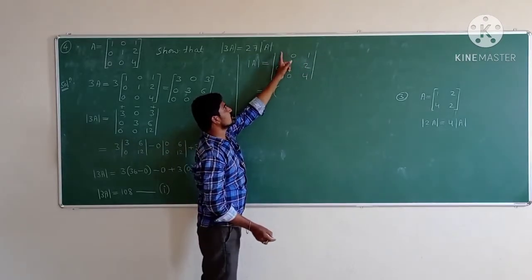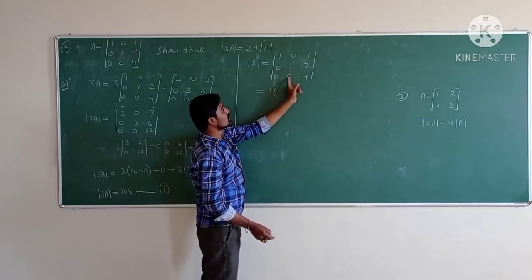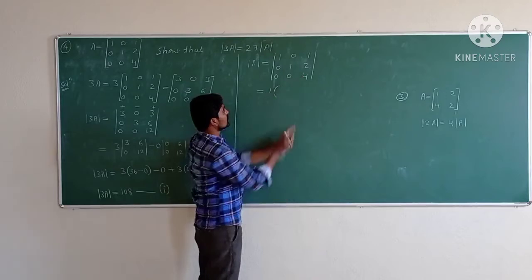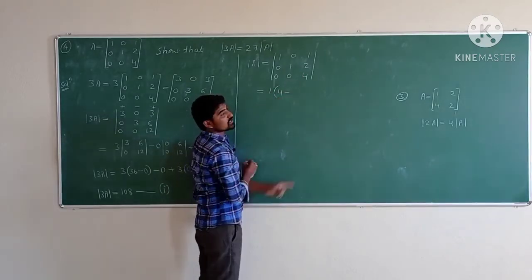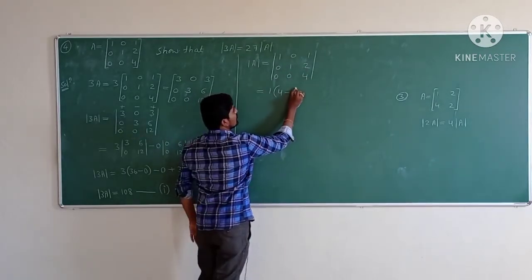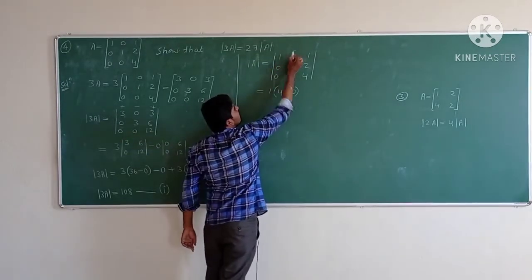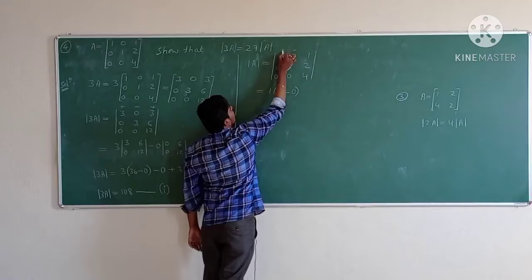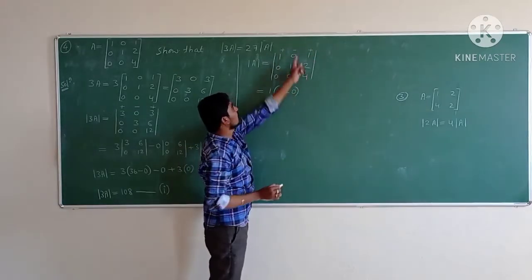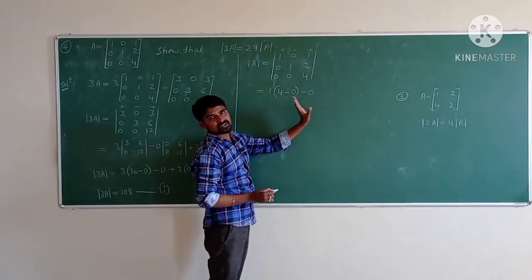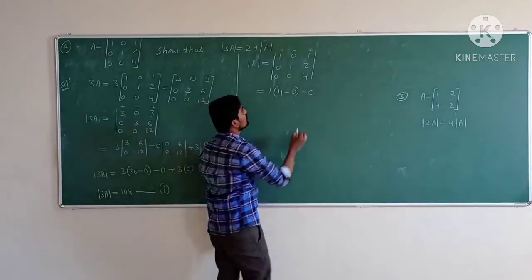After deleting this first row, first column, we get 1 2 0 4. Determinant of 1 2 0 4 is 1 into 4 minus 0 into 2. Next, the sign associated is minus, so plus minus plus. So minus into 0 is 0, and 0 multiplied by anything is 0, so no need to write the determinant.